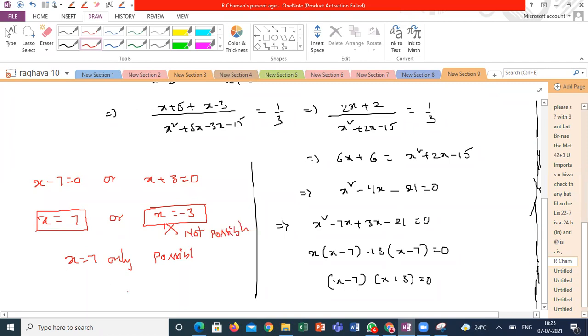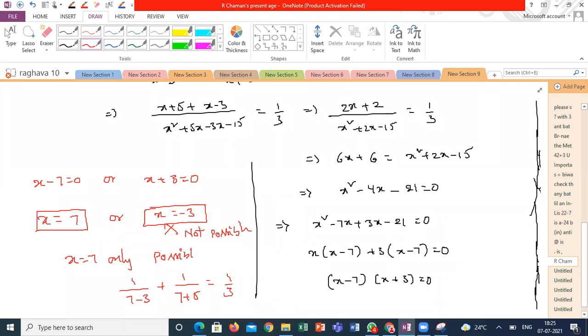How to verify your answer? 1 by 7 minus 3 plus 1 by 7 plus 5 must be equal to 1 by 3. Check whether you are getting it or not. If you are getting it, your answer is right. So 1 by 4 plus 1 by 12 should be 1 by 3.